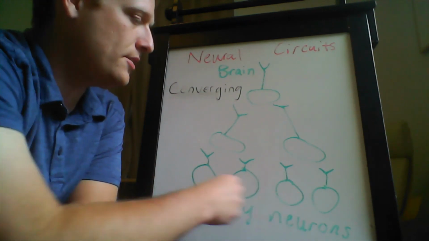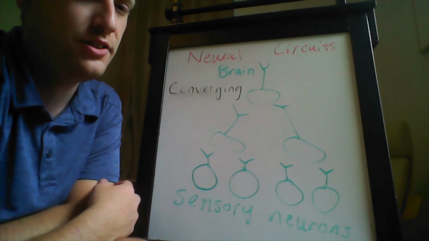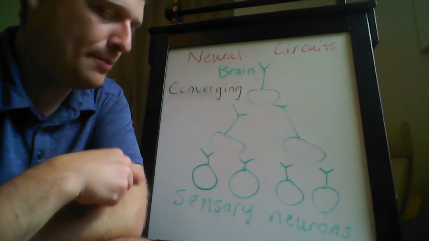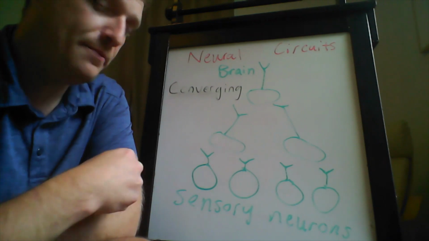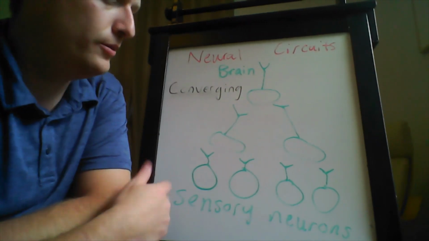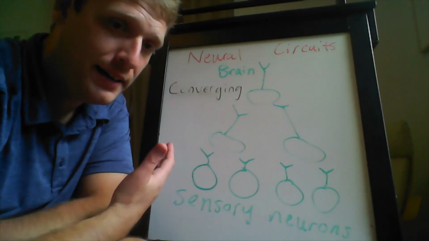Let's say that these are allowing you to have a sense of touch. So there could be thousands of sensory neurons that I'm activating right here, and their signal telling me that I'm feeling pressure on my arm is going to converge into a smaller pool of neurons that can then take that information to my brain to be processed.